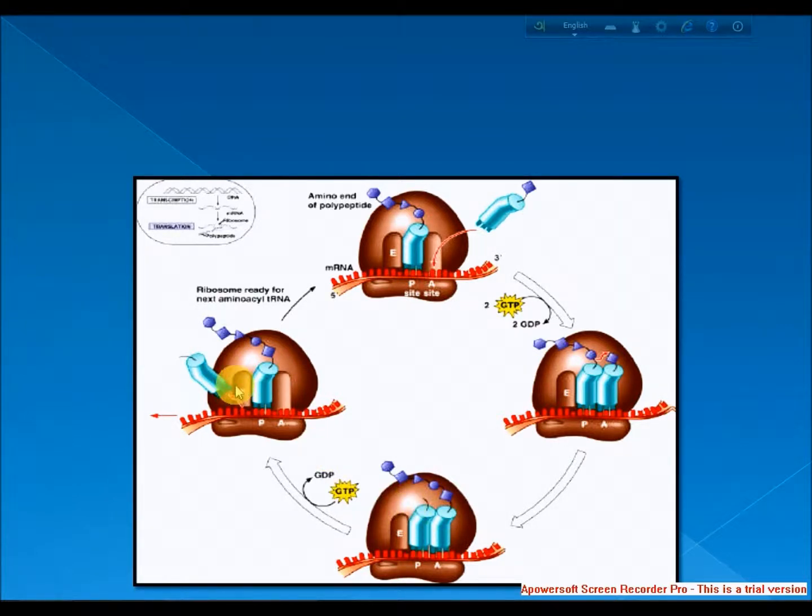It appears that EF-G catalyzes its own exchange of GDP and GTP. No soluble guanine nucleotide exchange factor has yet been found. The equivalent of EF-G in eukaryotes is eEF2.